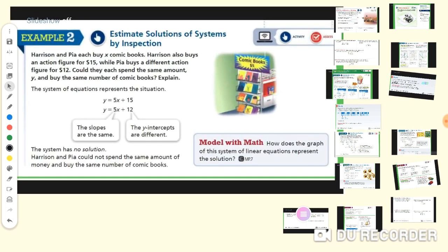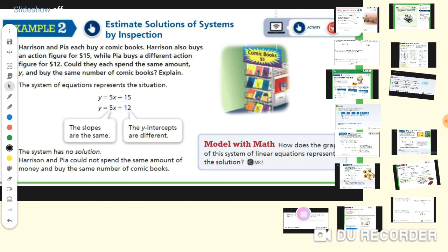Moving to the next page. As you see here, Harrison and Peyer each buy x comic boxes, each buy x. So both buy x boxes, okay? Each box, as you see here, costs 5.